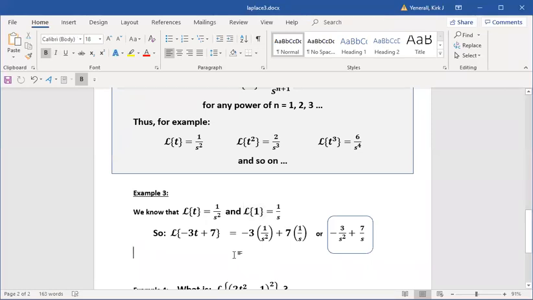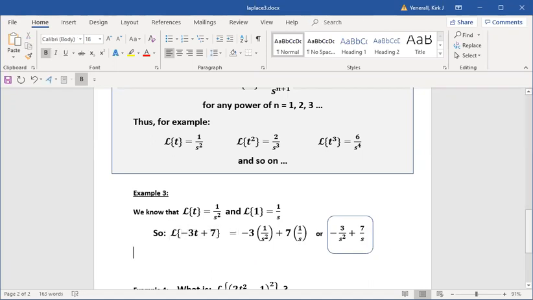That means by linearity that the Laplace transform of minus 3t plus 7 is minus 3 times the Laplace transform for t plus 7 times the Laplace transform of 1. So we have minus 3 over s squared plus 7 over s. And that will be the Laplace transform of this linear function.